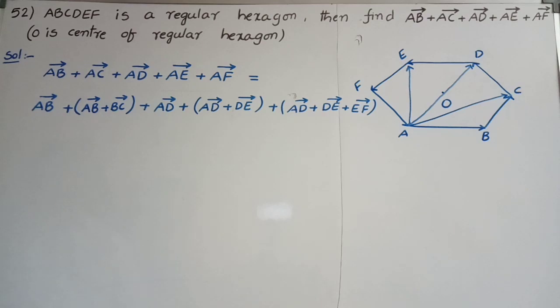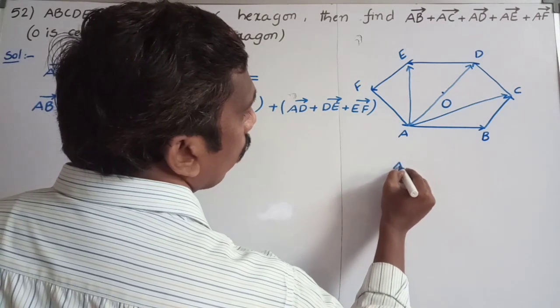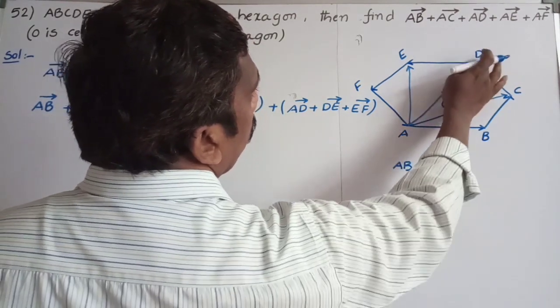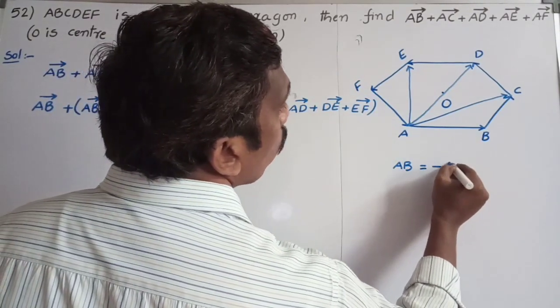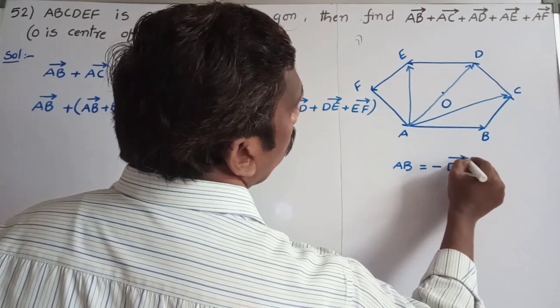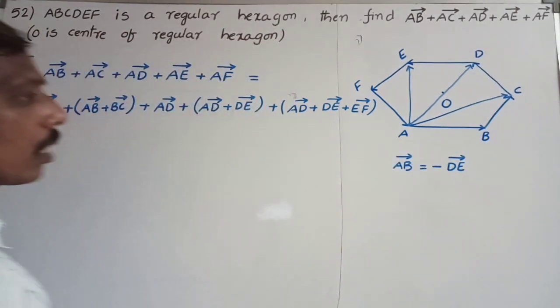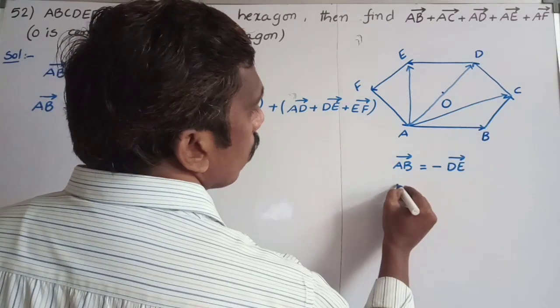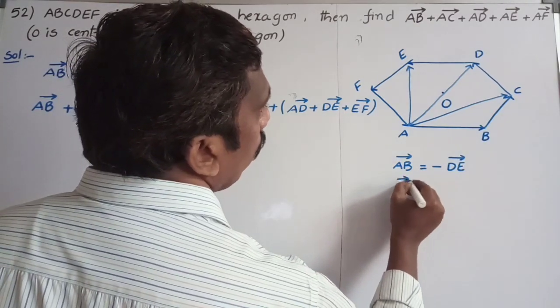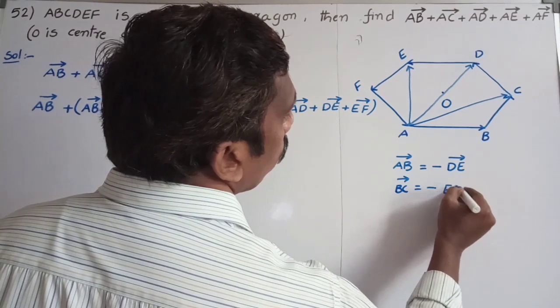If you observe here, AB bar and DE bar are equal in magnitude but opposite in direction. So AB bar is equal to minus DE bar, or DE bar is equal to minus AB bar. In the same way, BC bar is equal to minus EF bar.